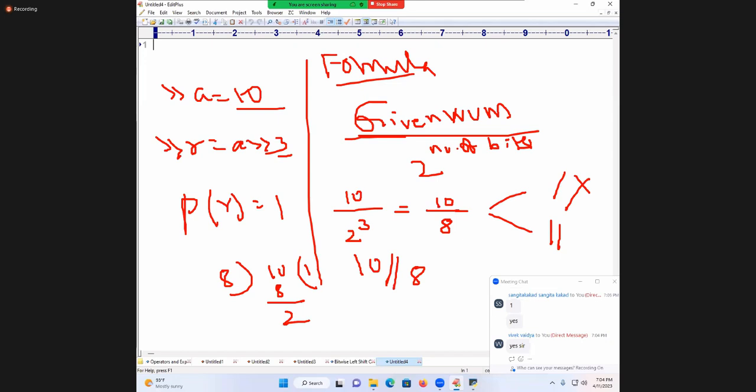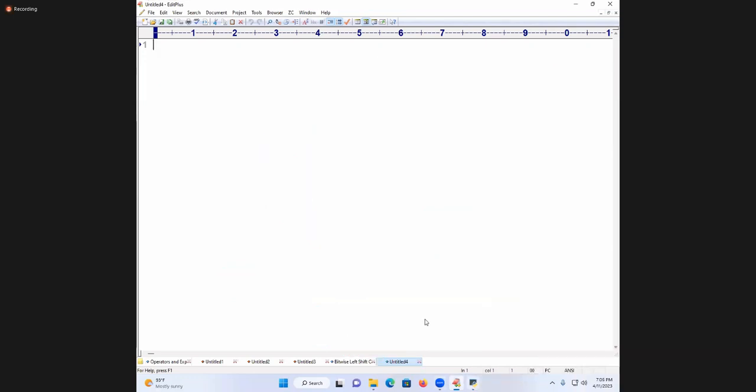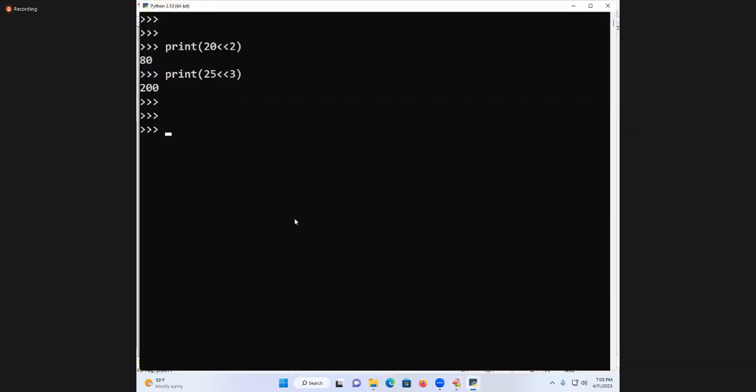If I continue, 8 twos are 16, 8 fives are 40. Double slash will give you the answer 1 only. A single slash would give you 1.25, but 1.25 is not the answer. The answer is 1.